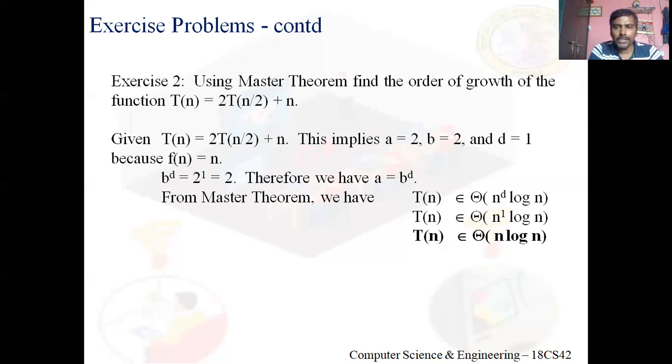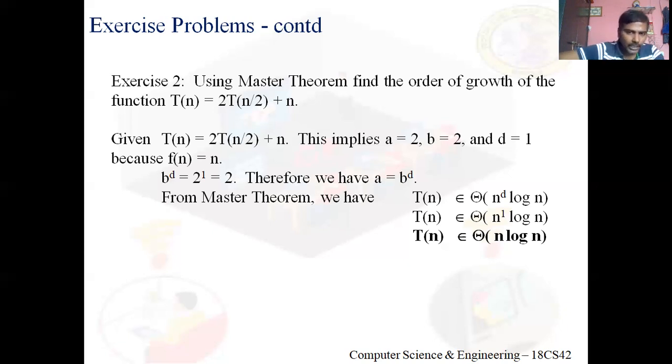Now determine the relation between a and b power d. a equals b power d equals 2 power 1 equals 2. So the relation is a equals b power d. Which case among the 3 cases do I need to choose?